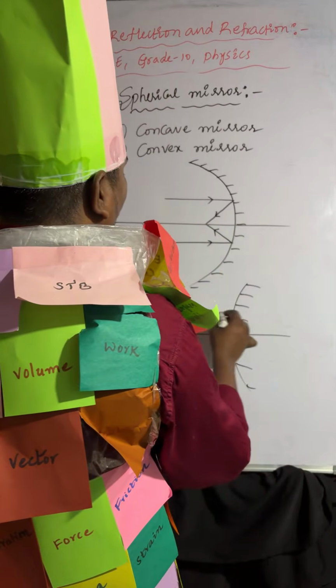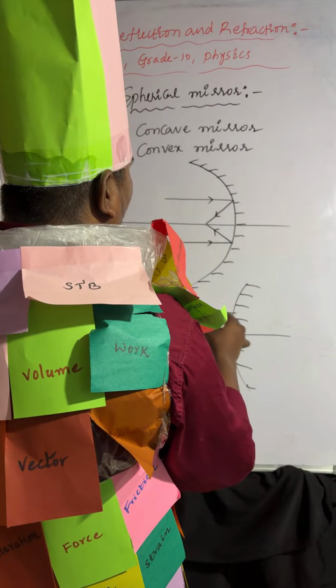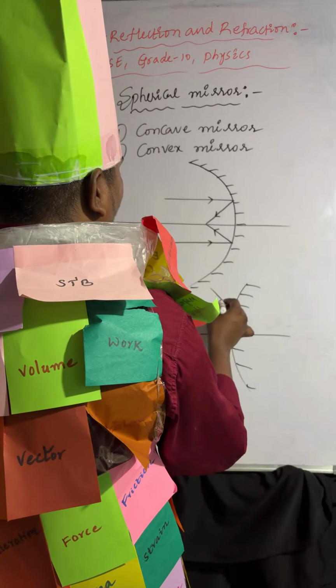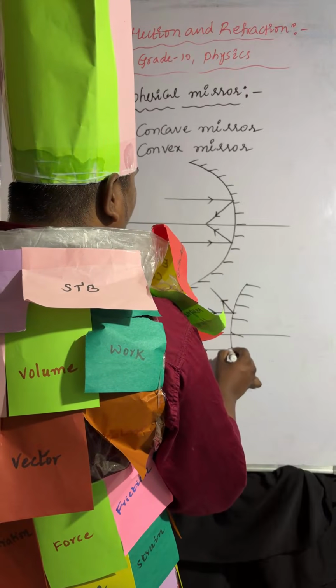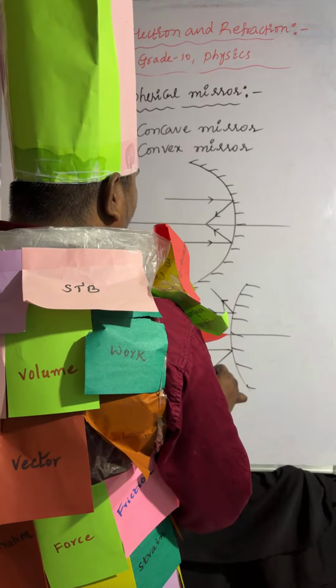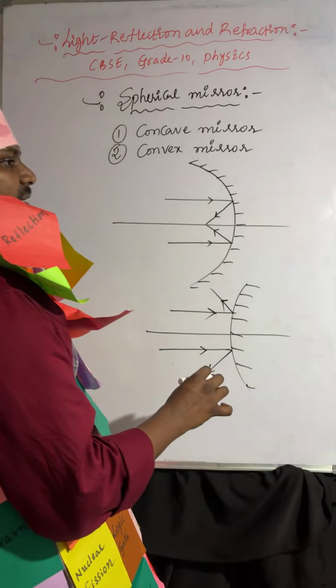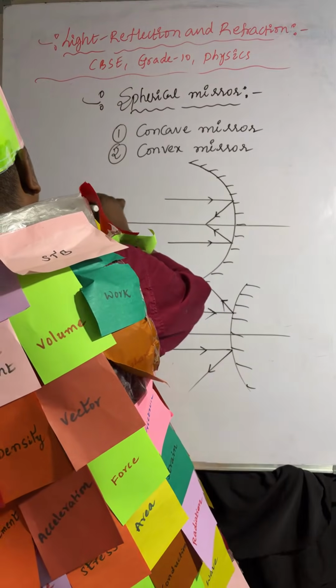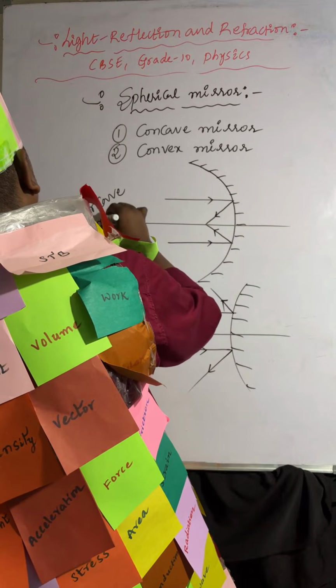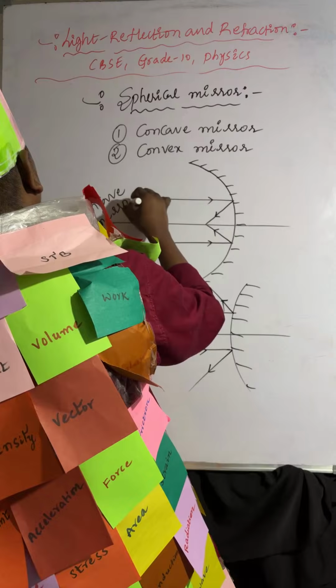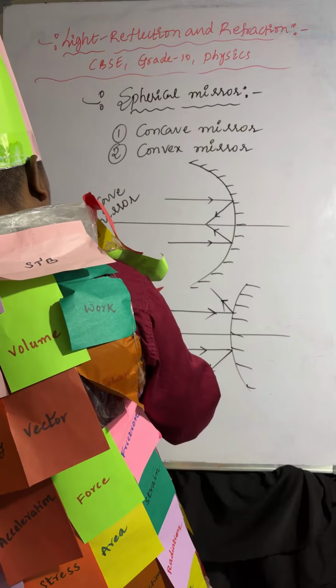Whereas the convex mirror is also known as a diverging mirror. Here, this is a concave mirror, and here a convex mirror.